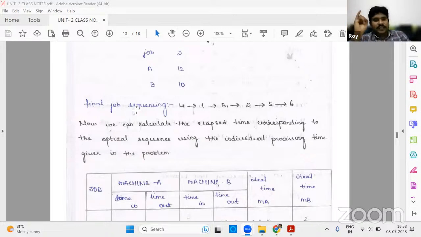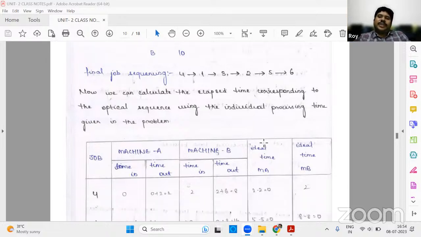One is to find out the job sequencing order. Second, find out the total elapsed time. Third, find out the idle time on each mission. We have 2 missions. We need to find out idle time on mission A and idle time on mission B.